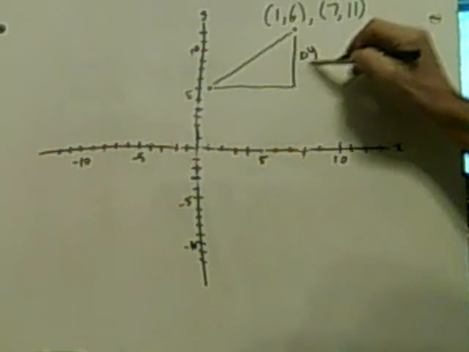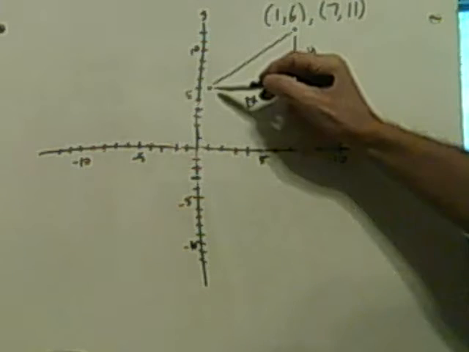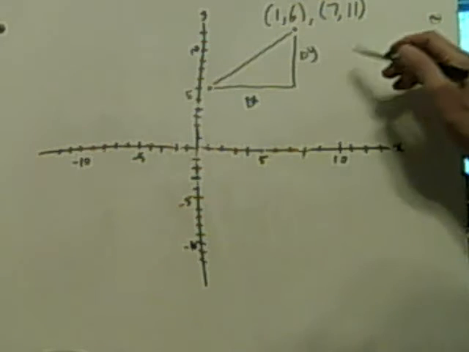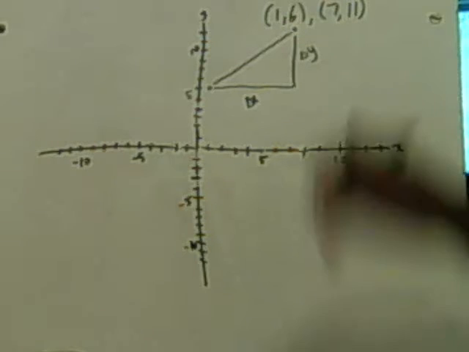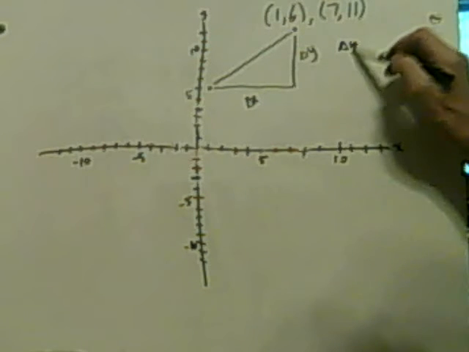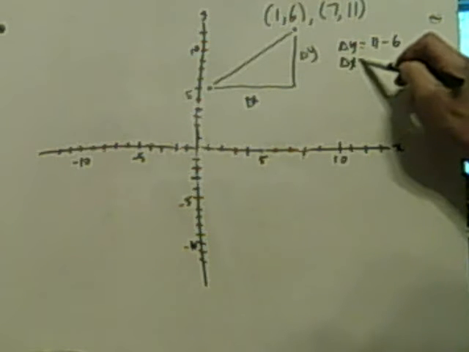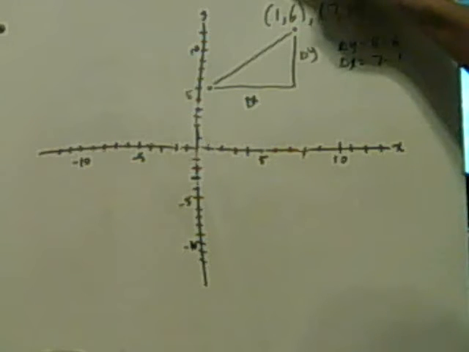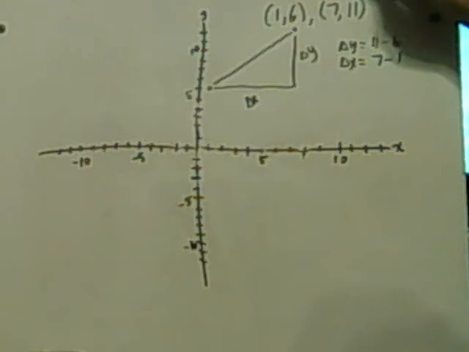One of them is the so-called delta y over delta x, or the rise over the run. In this case, let's use the delta y over delta x, okay, because that's what we're dealing with here. XY coordinates. Delta y is equal to 11 minus 6. Delta x is equal to 7 minus 1. So we're going to call one point P1 and the other point P2.